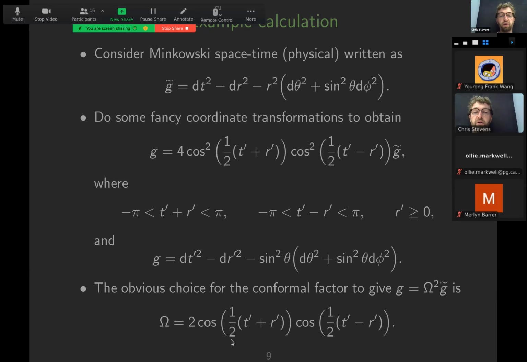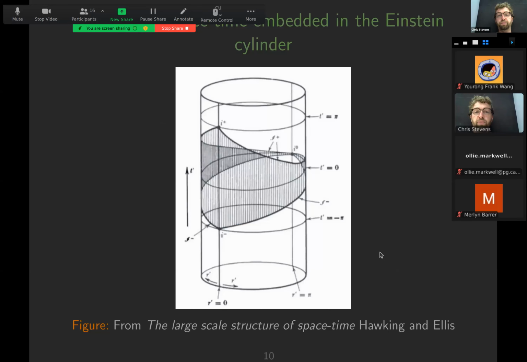So it's apparent from this form that if we take omega to just be this, then we have g equal to omega squared g twiddle. And if this is the conformal metric, then this is certainly well defined. If you had the coordinate transformations, you would see that it's well defined at r equals infinity, and so on. And this gives rise to another representation.